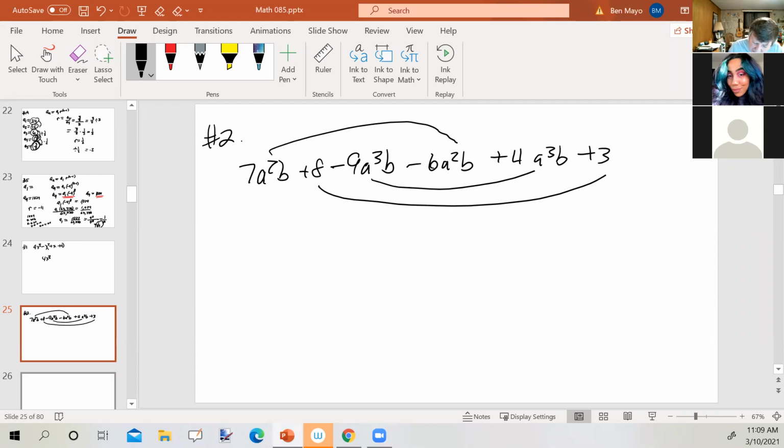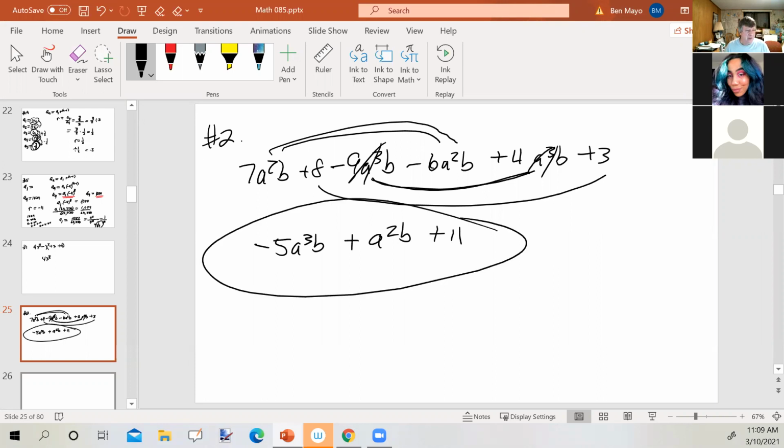A cubed is the highest power, so minus 9a cubed b plus 4a cubed b would be negative 5a cubed b. And then 7a squared b minus 6a squared b would be plus 1a squared b. Recall that for whatever reason, WebAssign doesn't seem to like you putting a 1 coefficient, even though it's implied. So you don't want to put the 1 in front of the a squared b. And then plus 8 plus 3 would be plus 11. So there is that.